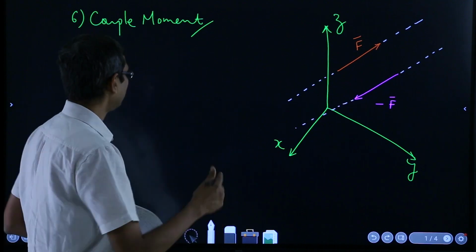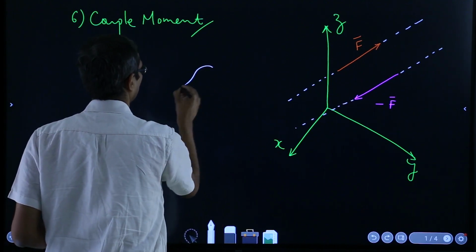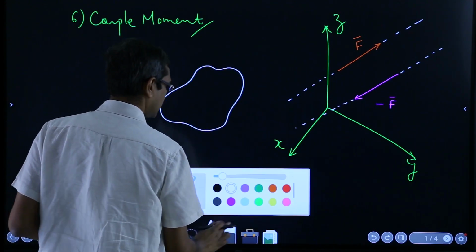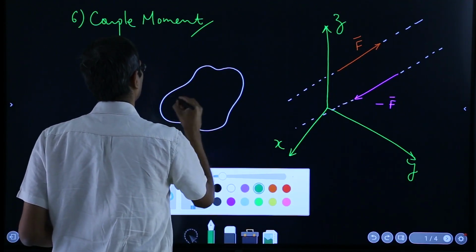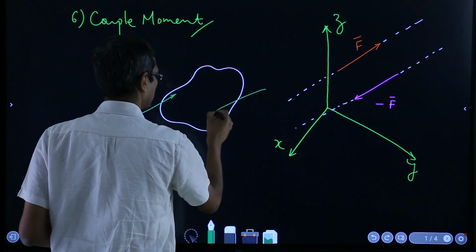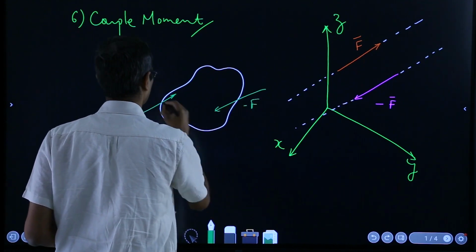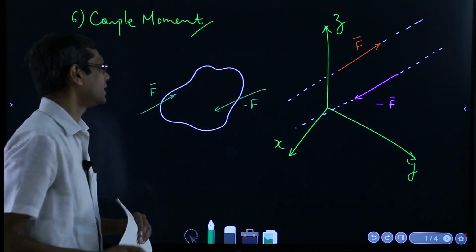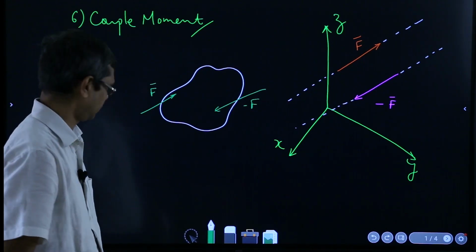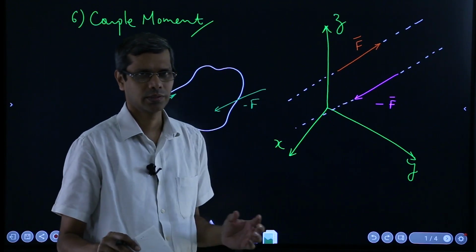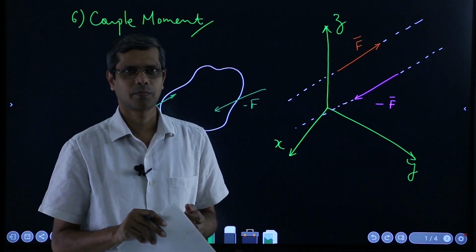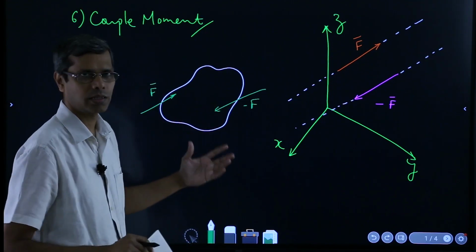Suppose you have a body, and on that you apply one force like this and exactly an opposite force like this, then the net force on the body will be 0, because the pushing or the pulling effect is completely cancelled out.